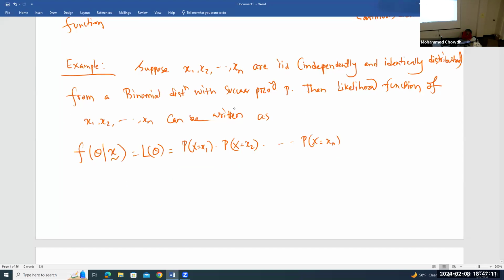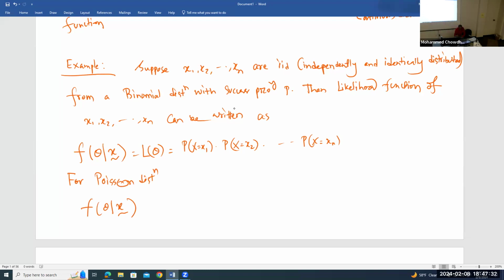For Poisson distribution, I will give you explanation, details explanation. For Poisson distribution, the likelihood function theta given x, I write here x like this way.